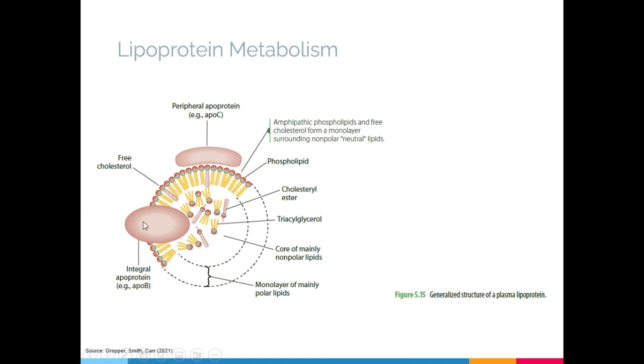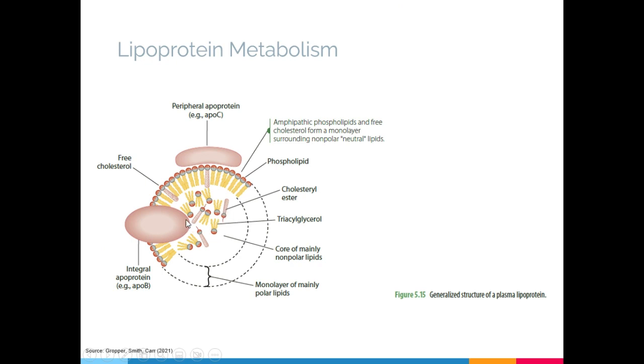Whereas those on the surface, floating, are peripheral apoproteins. Usually the integral apoprotein is a hydrophobic structure that can interact with the hydrophobic interior, and usually it has hydrophobic amino acids inside. Then the outside, since it is aqueous, has hydrophilic amino acids. So these are proteins, guys. Therefore, your lipoprotein is made of fats, lipids, and proteins. That's why it's called lipoprotein, because it's a combination of lipids and proteins.